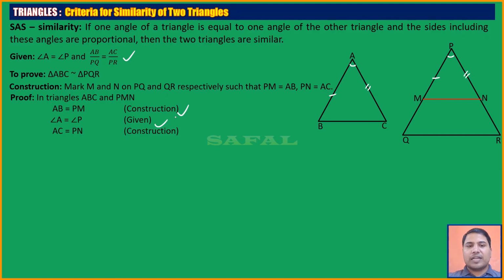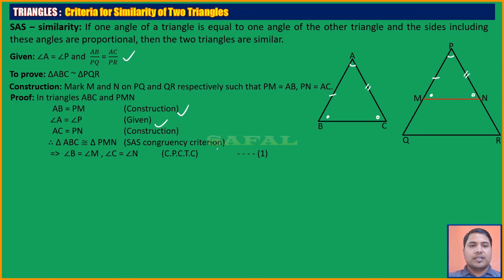So these two triangles are congruent by SAS congruency criterion, correct? So if these two triangles are congruent, by CPCT I can write that angle B will be the same as angle M and angle C should be the same as angle N. That's what I have written in equation 1.